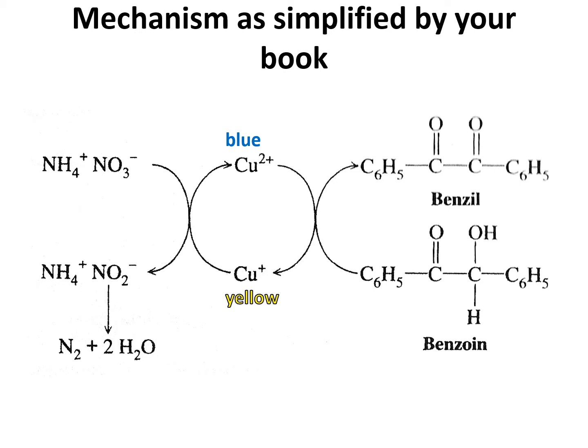Copper acetate reacts with ammonium nitrate, where the ammonium nitrate is reduced to ammonium nitrite, whereas the copper oxidizes from copper 1 plus to copper 2 plus. And then this copper reacts with an organic compound, the benzoin, and oxidizes it to benzil.